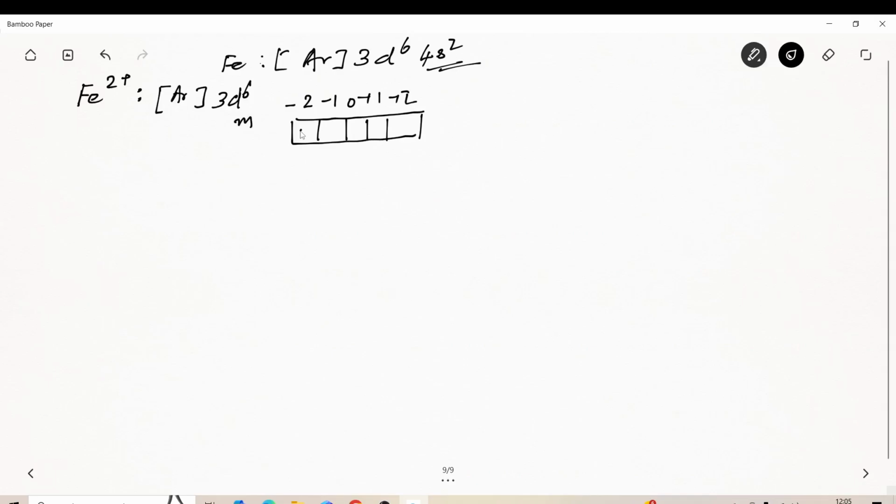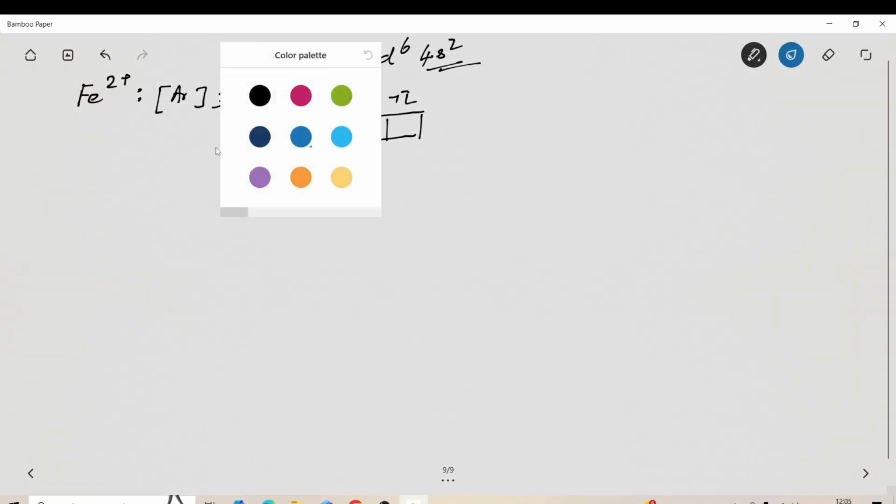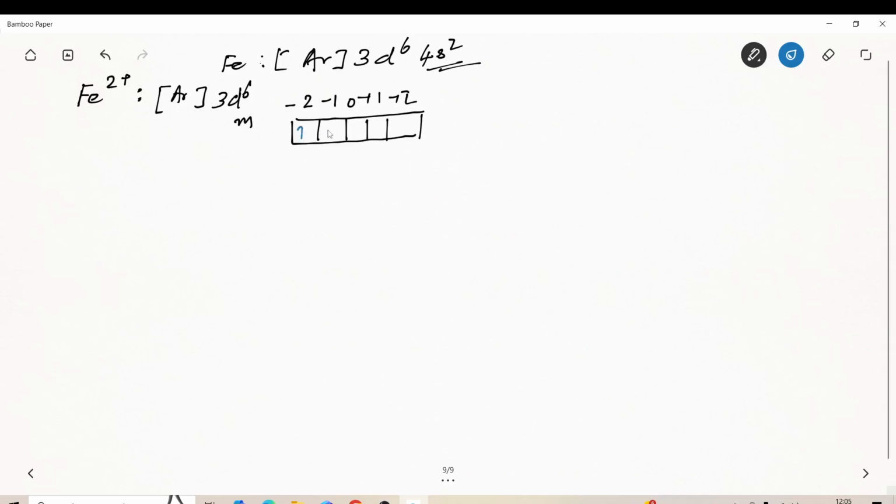So see, 6 means these electrons, if we show them like this, 1, 2, 3, 4, 5. Normally this is the ground state electronic configuration. Right?